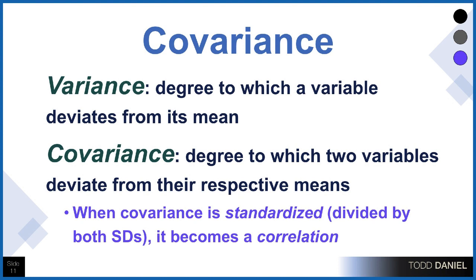Covariance is the degree to which two variables deviate from their respective means. And if we standardize that, if we convert it to z-scores essentially, if we divide by the standard deviations, then that becomes a correlation. So correlation is a standardized covariance.